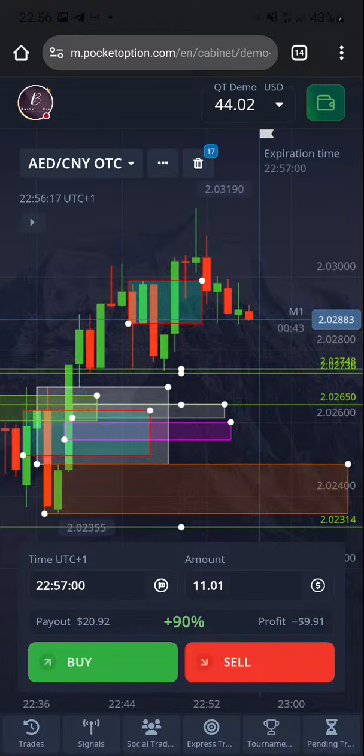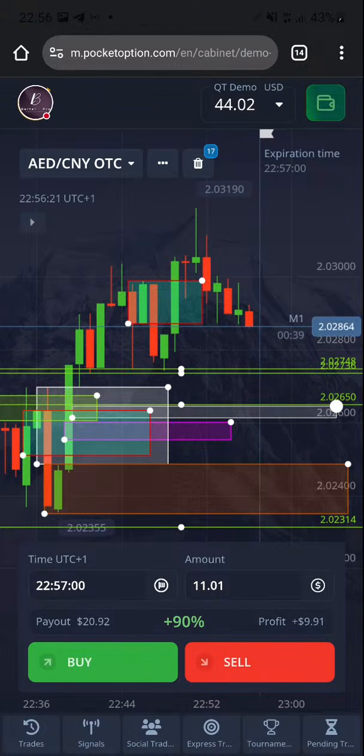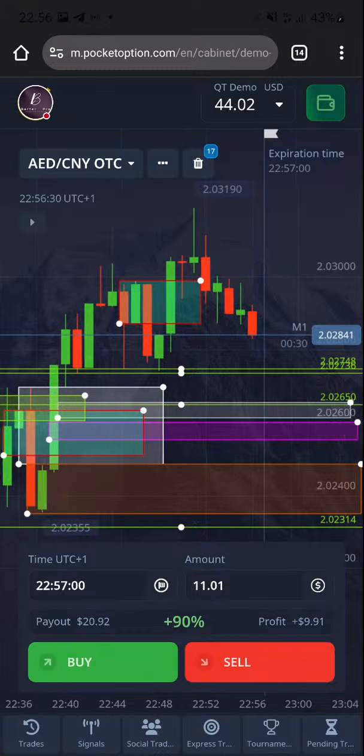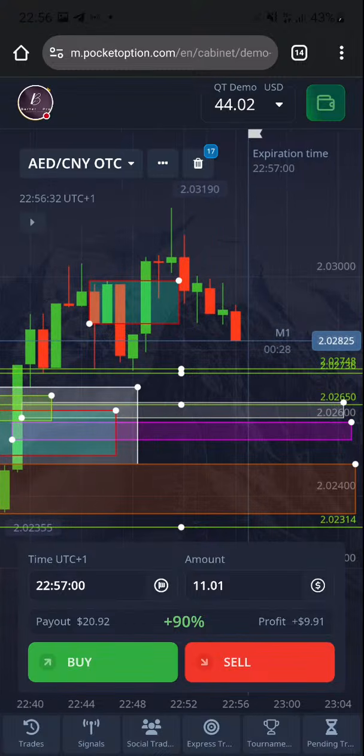There's plenty of buyers down here. So if price comes down into this area, the buyers are going to respond. This kind of trade is one you can be rest assured is going to work. And we are beginning to make that red green pattern we made before. We're beginning to make it again.